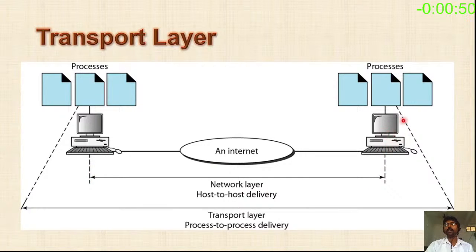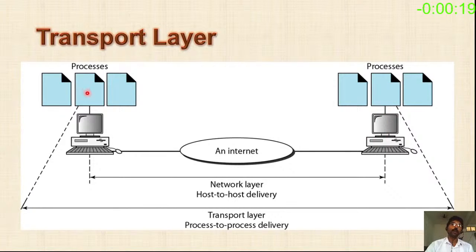But once it is received by the destination, the destination has to understand which process or which application this packet is used for. That means if an email is sent from here, the email has to be received by the email application. So this computer has to understand which application the data has to be delivered to.